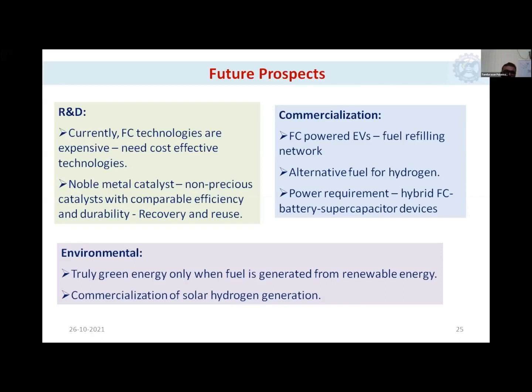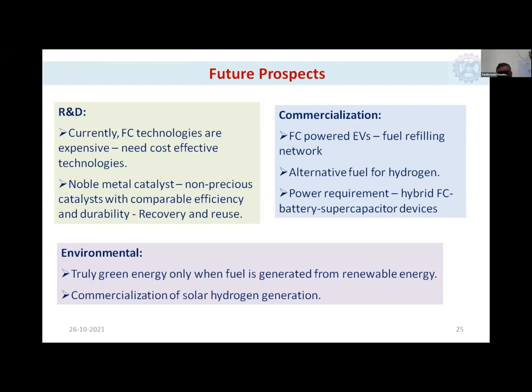In cell fabrication, the main cost is from the noble metals. So current research focuses on non-platinum catalysts. If we can find an effective catalyst which is comparable to platinum in terms of efficiency as well as durability, then this will reduce the cost of fuel cell fabrication to a large extent.